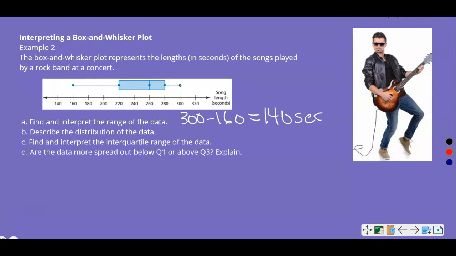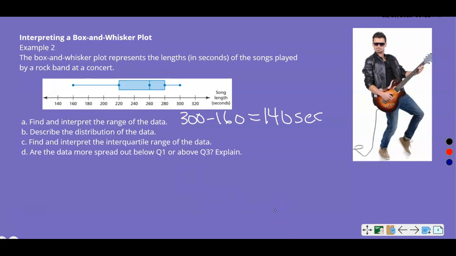So we know that 25% of the song lengths are between 160 and 220. So we know that 25% lands here. We know that another 50% is between 220 and 280. So we know 50% falls in this category here. And we know that there's another 25% from 280 to 300.